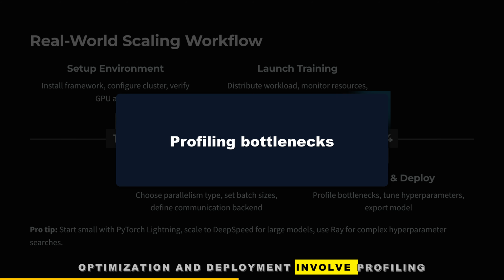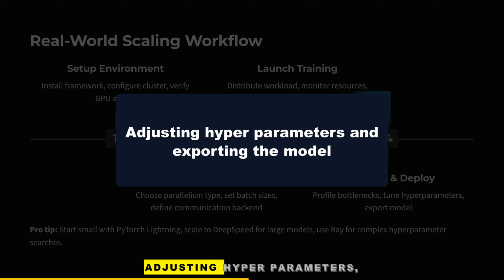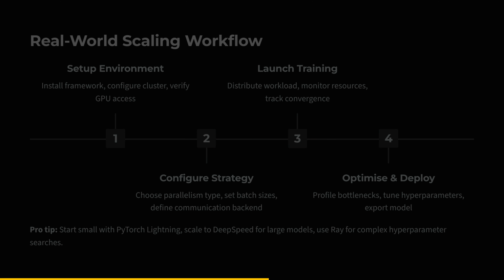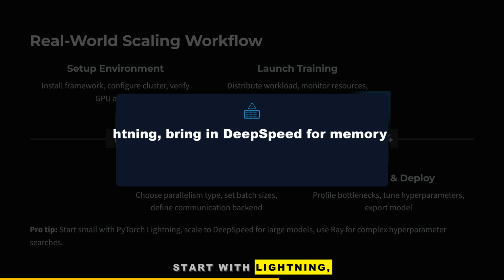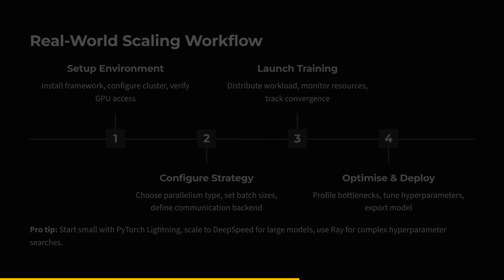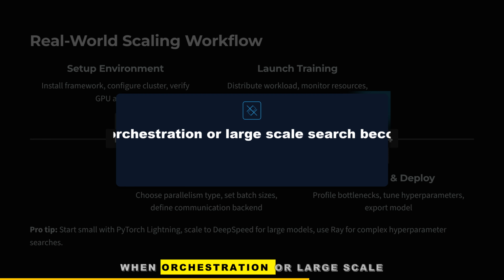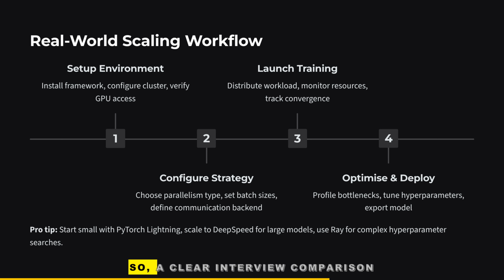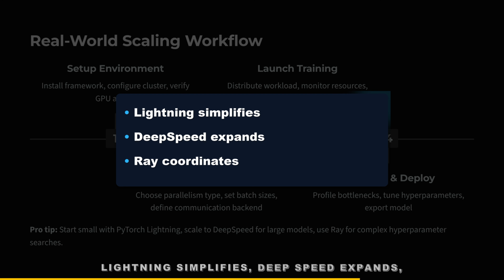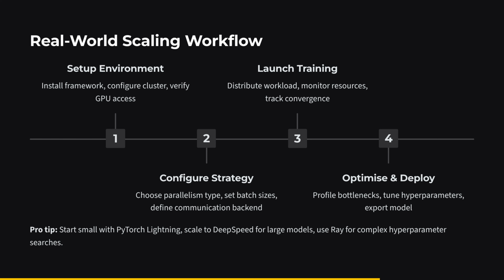Optimization and deployment involve profiling bottlenecks, adjusting hyperparameters, and exporting the model. A proven pattern is to start with Lightning, bring in DeepSpeed for memory-heavy models, and use Ray when orchestration or large-scale search becomes necessary. So, a clear interview comparison is Lightning simplifies, DeepSpeed expands, and Ray coordinates.